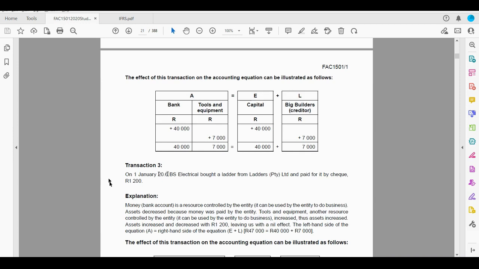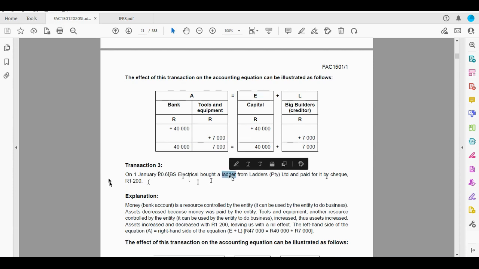On 1 January 2006, BS Electrical bought a ladder from Ladders Pty Ltd and paid by check, 1,200. He bought a ladder. This is a ladder that he's going to be using to climb up, maybe the roof or whatever, and then it's going to generate him income.